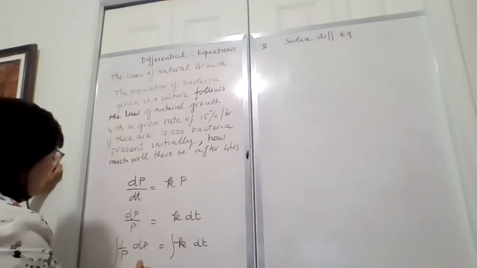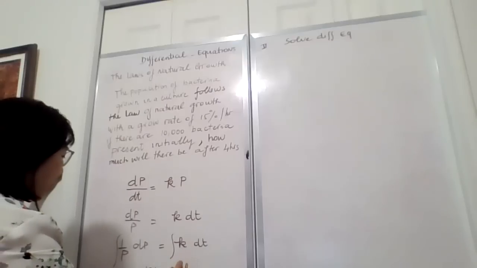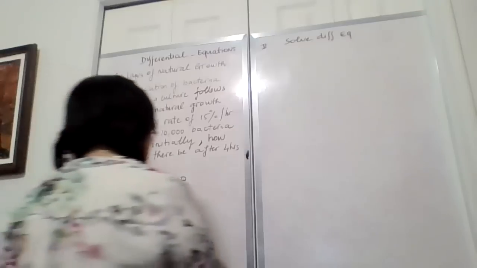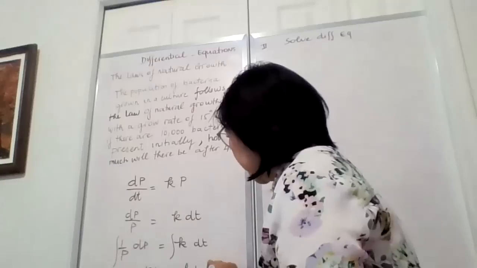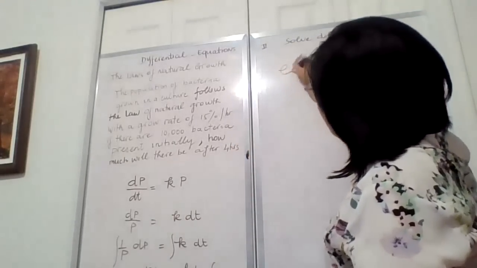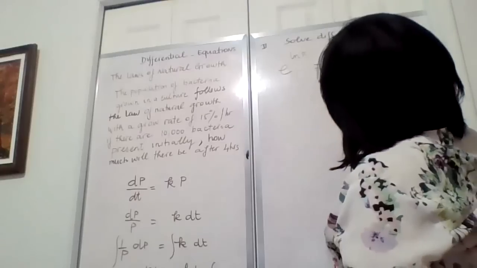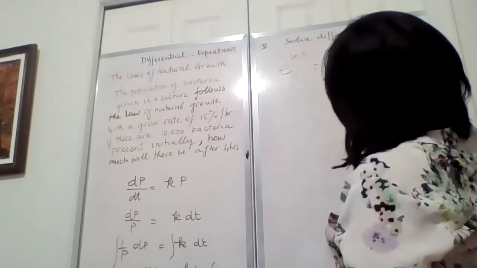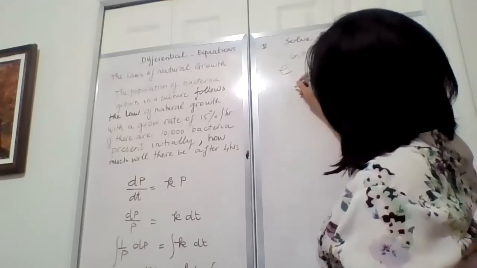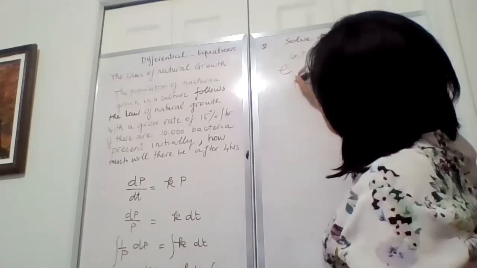We get ln|P| equal to kt, and actually it should be kt plus C. So now we raise both sides by base e: e to the ln P equals e to the kt plus C. So e to the ln P equals P, right?